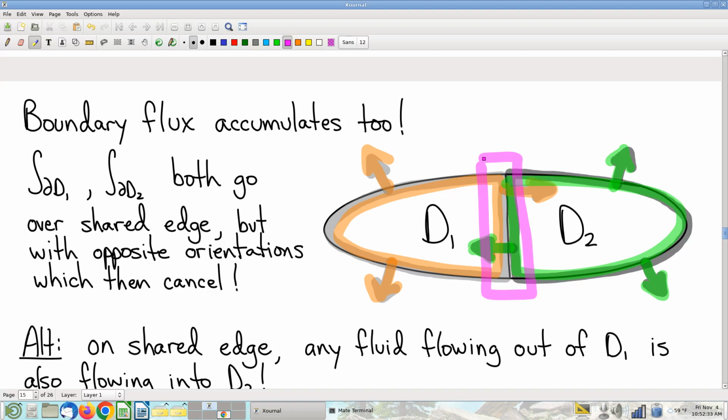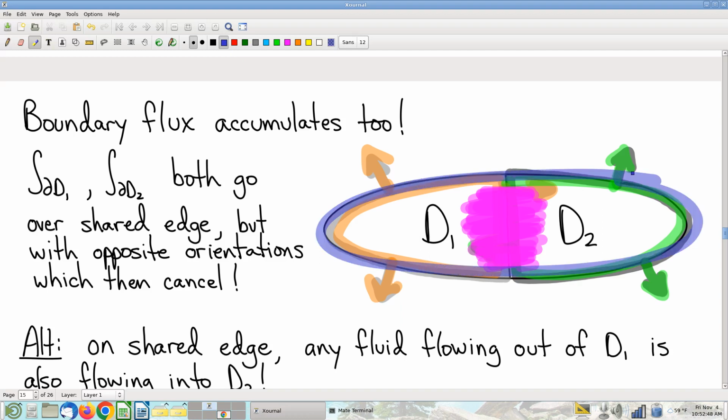They cancel. Right? So all of this business in here cancels for kind of morally equivalent reasons to why circulation canceled on those pieces. And what you're left with then is exactly outward-oriented boundary flux of the whole.